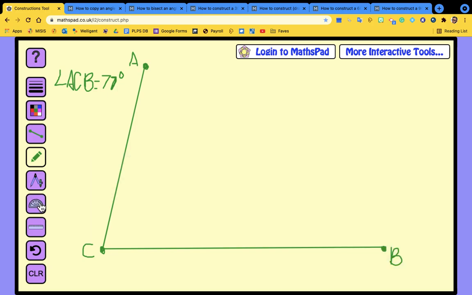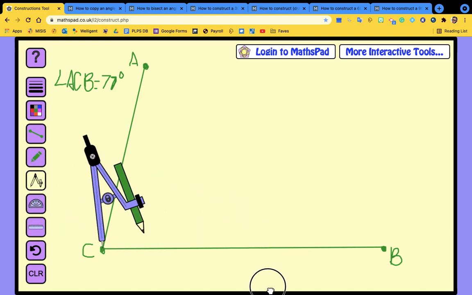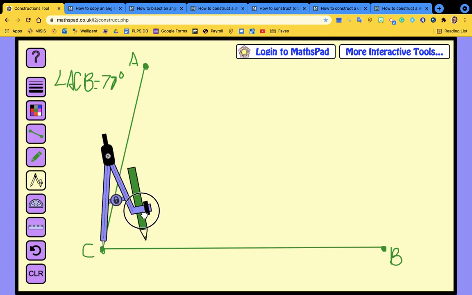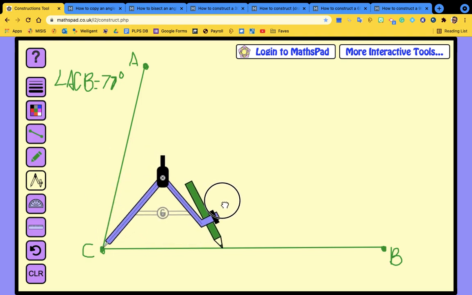Okay. So next, we're going to take our compass and we're going to put our compass on point C. And again, we're going to open towards B, like that, about halfway, right? I'm going to lock it in, and look what I'm going to do.